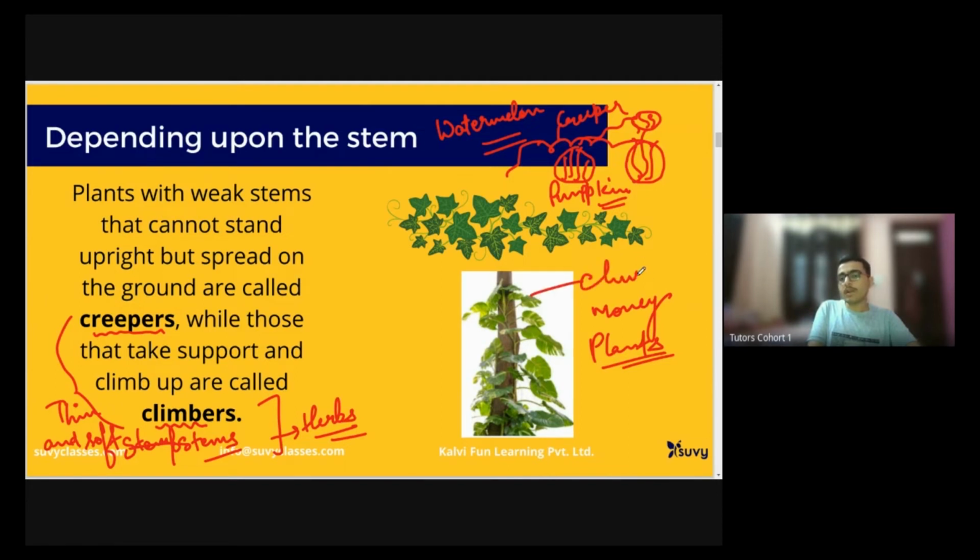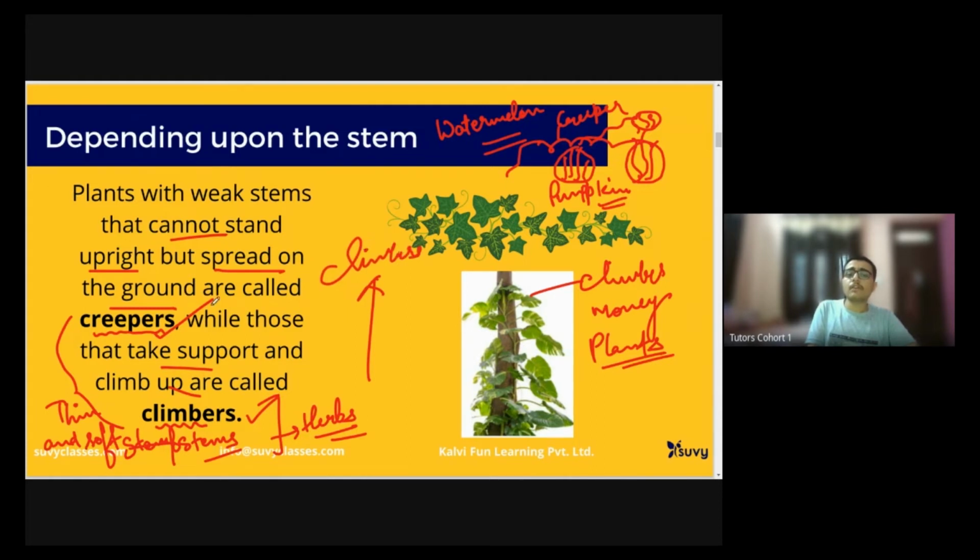These are climbers. Now, what's the difference? Climbers can climb up the wall, whereas creepers can't. Plants with weak stems that cannot stand upright but spread on the ground are called creepers, while those that can take support and climb up are called climbers.